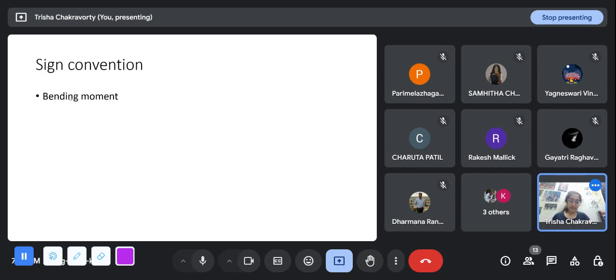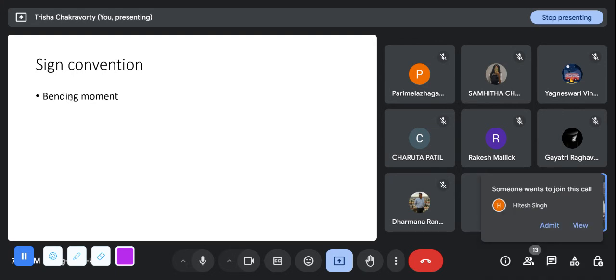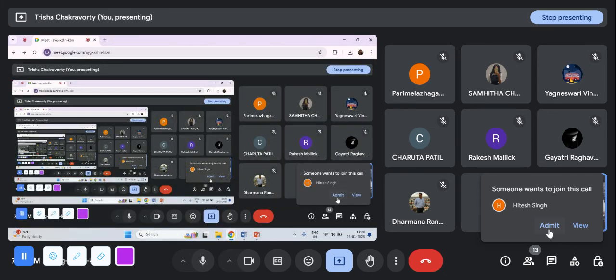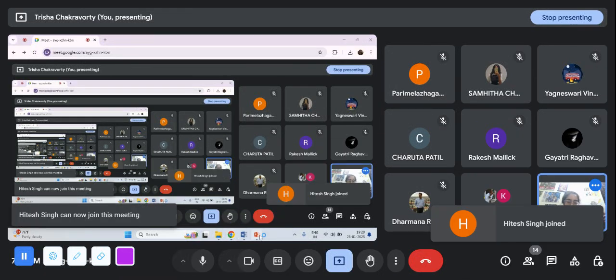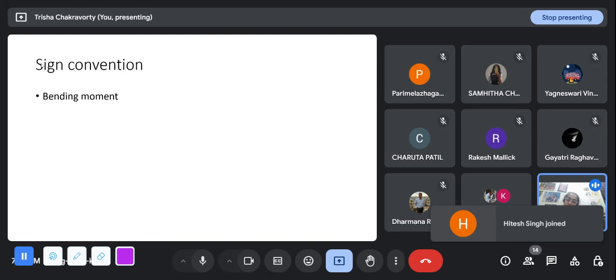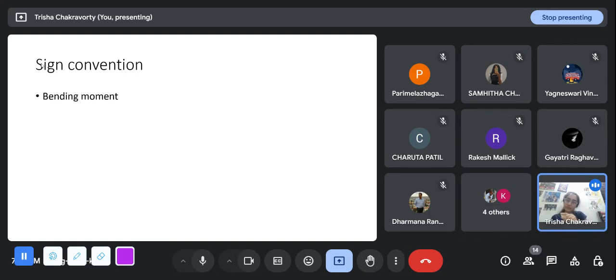And similarly for moment, suppose I am saying sigma Mz equal to 0, for my convention, I might take that clockwise moment is positive. So while writing the equilibrium equation, any clockwise moment we encounter, we will put as plus. Any anti-clockwise moment we will put as minus, and we will equate it to 0. So that sign convention is fairly intuitive.